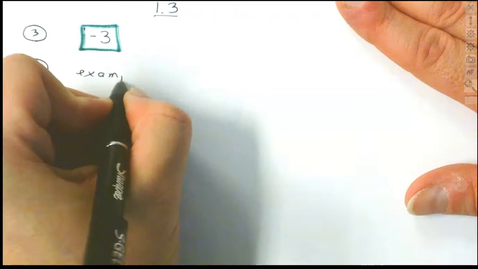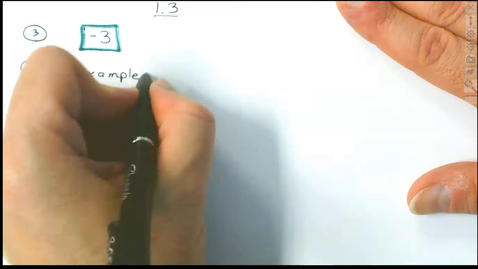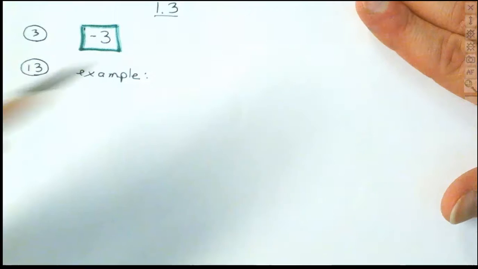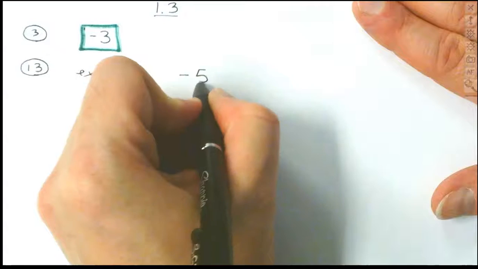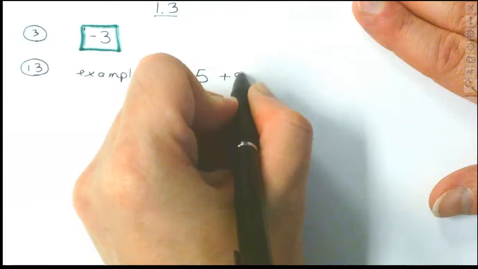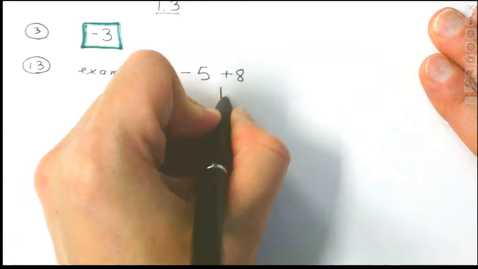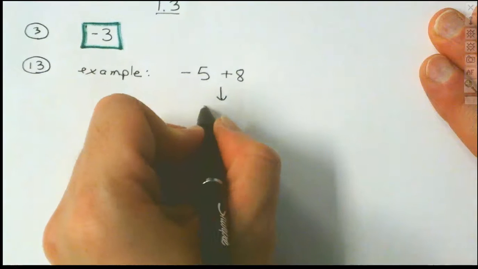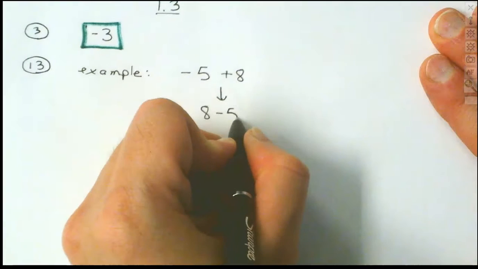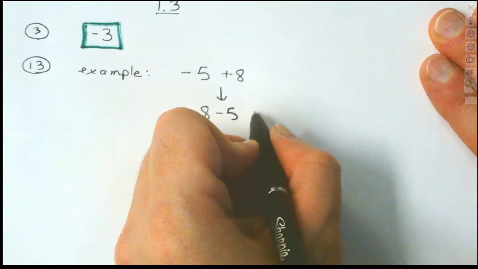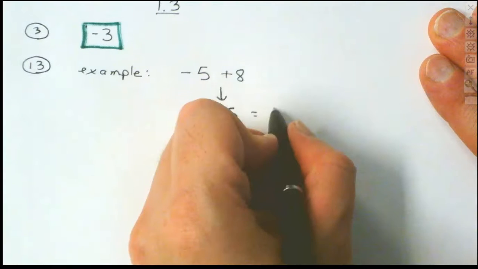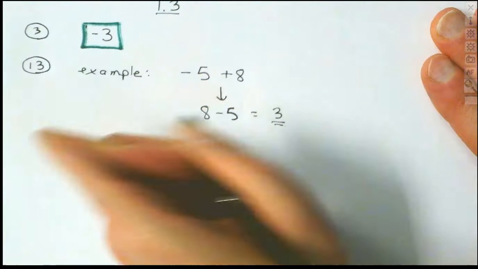An example of when we can do this might be something like this: -5 plus 8. Well, maybe it might be easier for us to understand this if we rewrite this as 8 minus 5, because that's easier, writing the positive number first, and we can see that's 3.